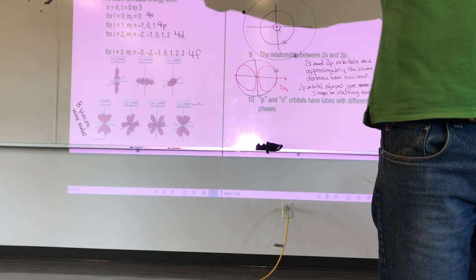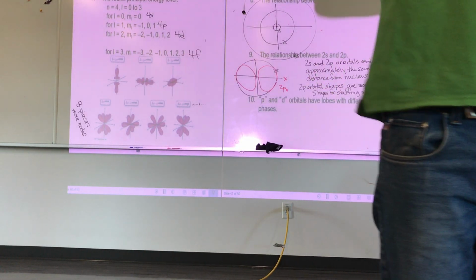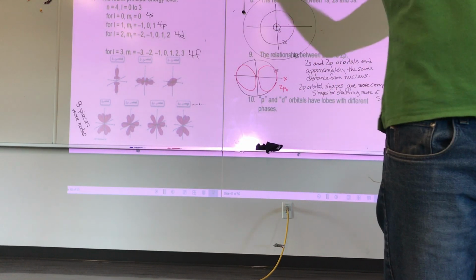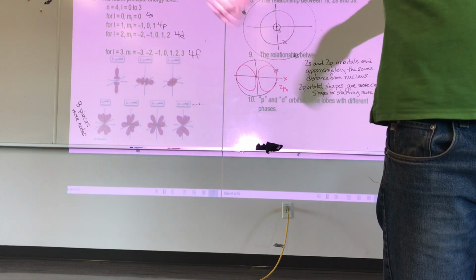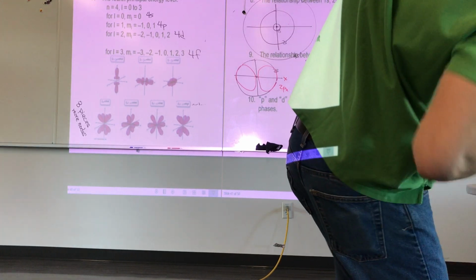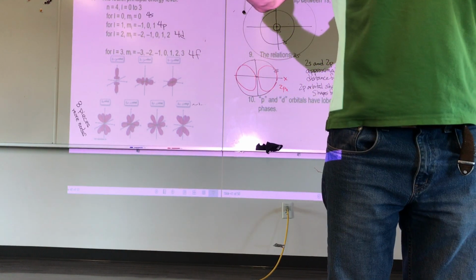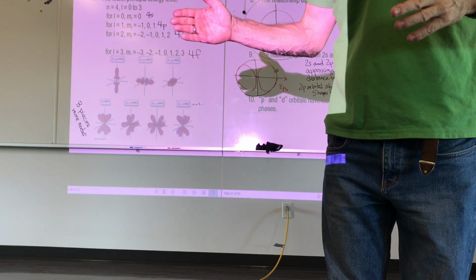But in n equals 2, you can fit 2 of the electrons basically in a spherical shape. And then it's big enough that you can stuff 2 more here, and 2 more here, and 2 more here as the next lowest energy places.